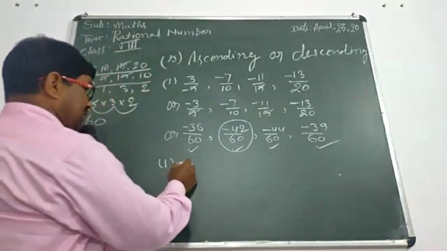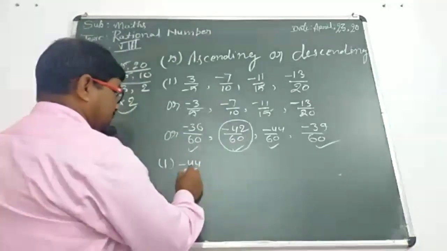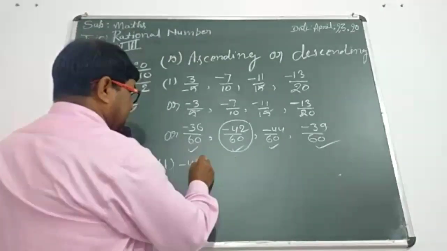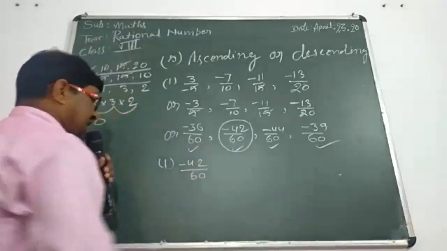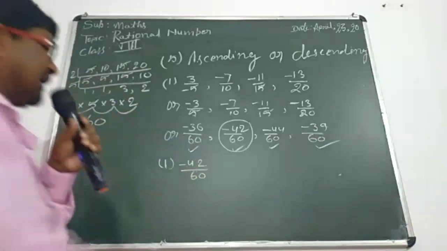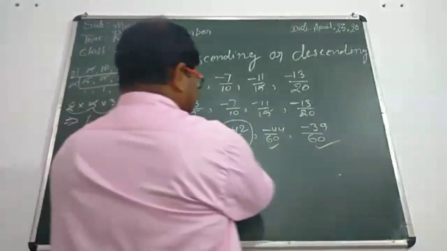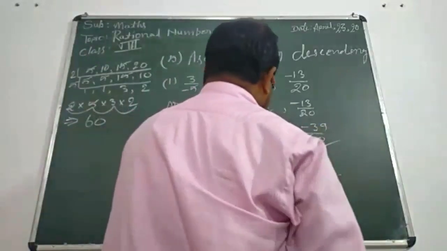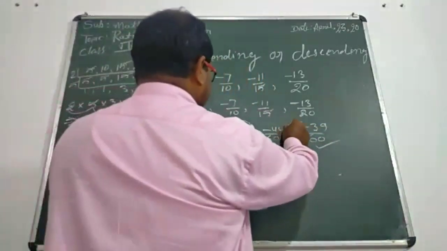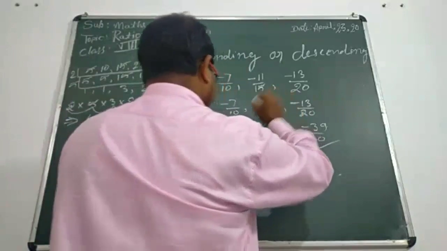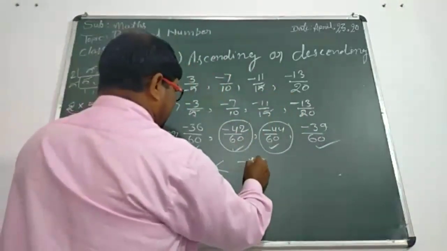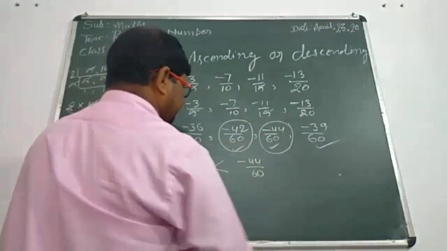Wait, mind it: minus 44 is the smallest among them. Now, write here minus 44 upon 60.